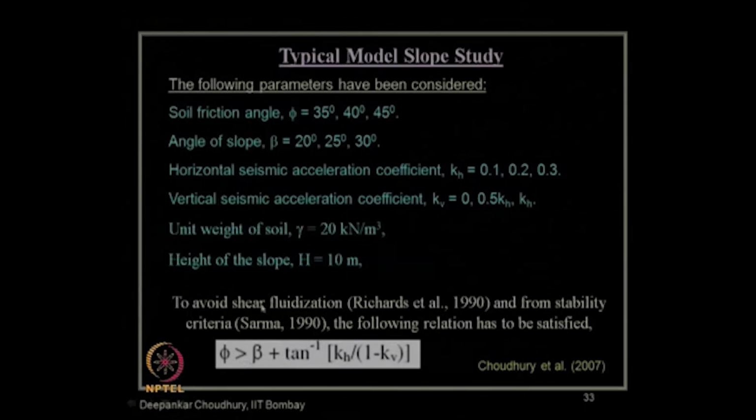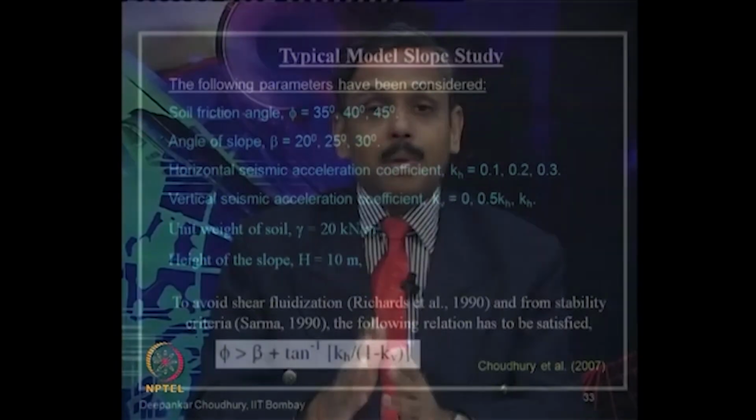That means, for instability phi will be less than this component, and for stability phi must be greater than this one. So, in all your pseudostatic design, you must always check this criterion, that is whether the soil which you are using for any analysis is stable. So far I have explained slope stability analysis, retaining wall analysis, shallow footing design.